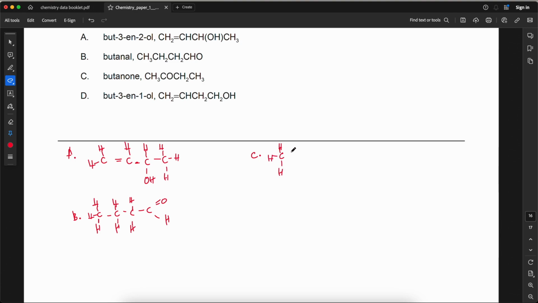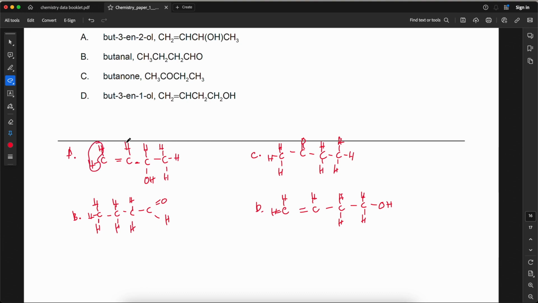For C, CH3, C double bond O, CH2, CH3. For D, CH2, CH2, CH2 again, and OH. Okay, we need 4 peaks.